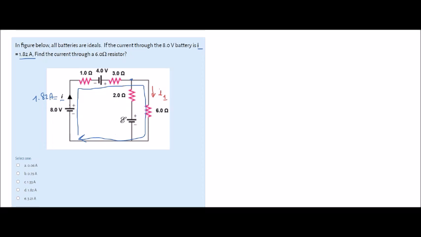We have 8, with the current flowing in this direction, minus the resistance 1 times the current 1.82, plus 4, minus 3 times 1.82, and here also minus 6I1 equals 0.